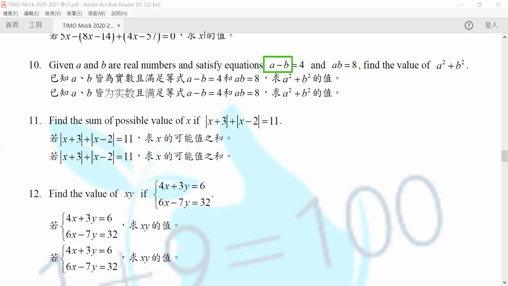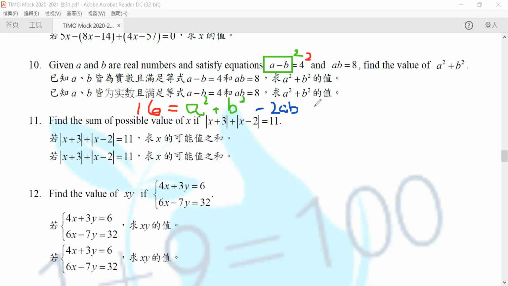The quickest way to get a square is to just square it. If we square this term, this will be equal to a squared plus b squared, and then minus 2ab, right?